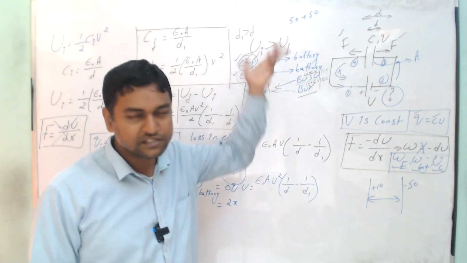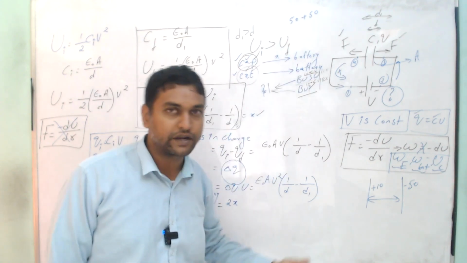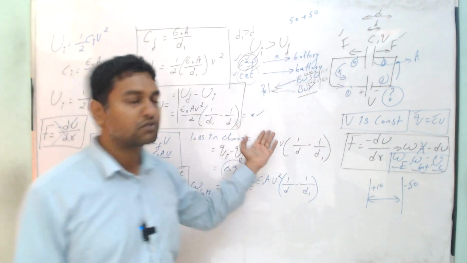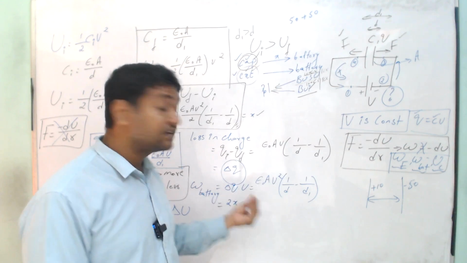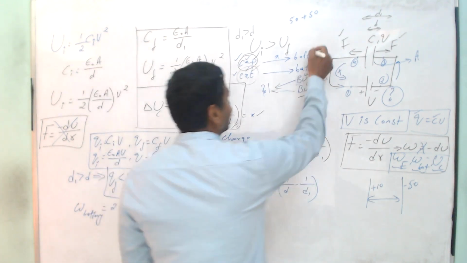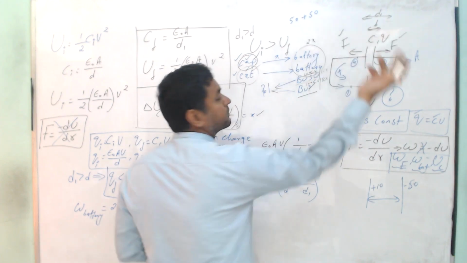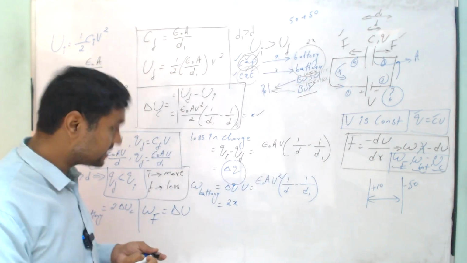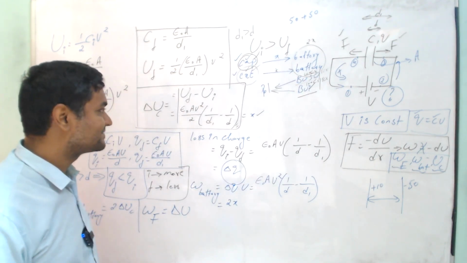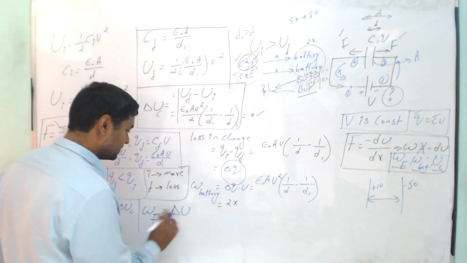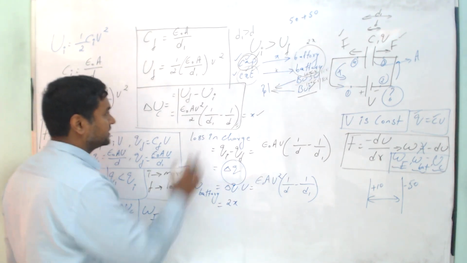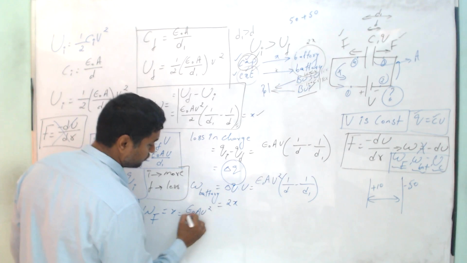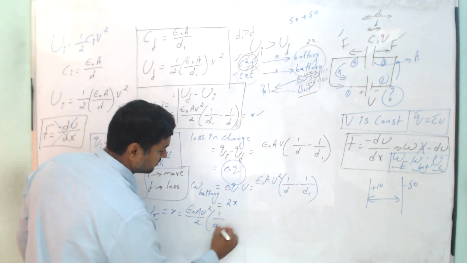So capacitor gave, external agent gave. The third person only available here is battery. And capacitor gave to battery X, that we found out because capacitor lost X. Now battery received how much? 2x. Okay. Battery overall received 2x. Clear? Yes, sir. So what we are saying, that means the external agent also gave the same amount of energy, that is X. So work done by the force is same as the X only, which is basically epsilon naught A V square by 2 into 1 by d1 minus 1 by d.